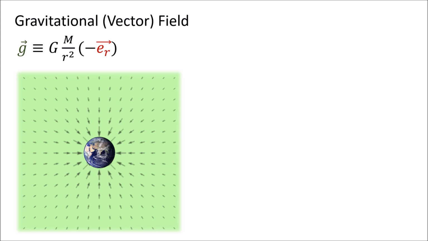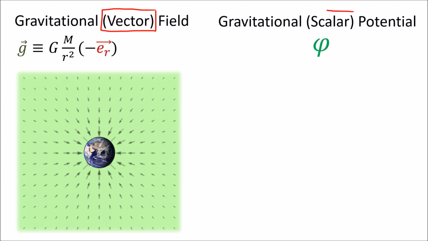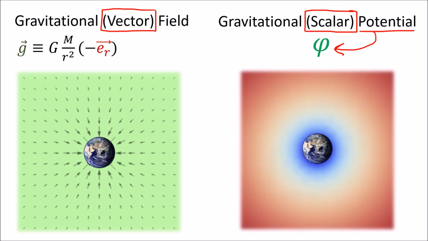Now, the gravitational field requires a vector at every point, but it turns out that we can describe a gravitational field using a scalar at every point, called the gravitational potential phi. The gravitational potential is high far away from the Earth, and low close to the Earth.